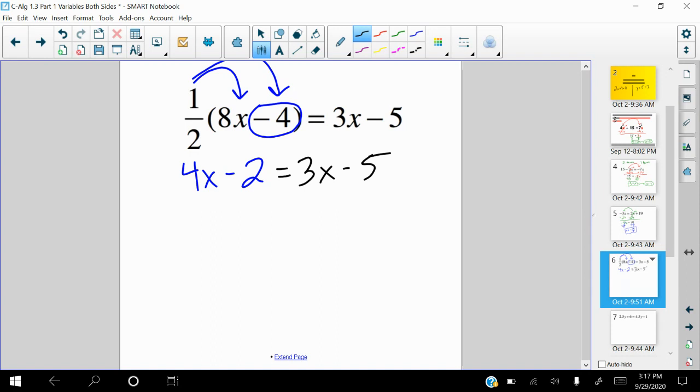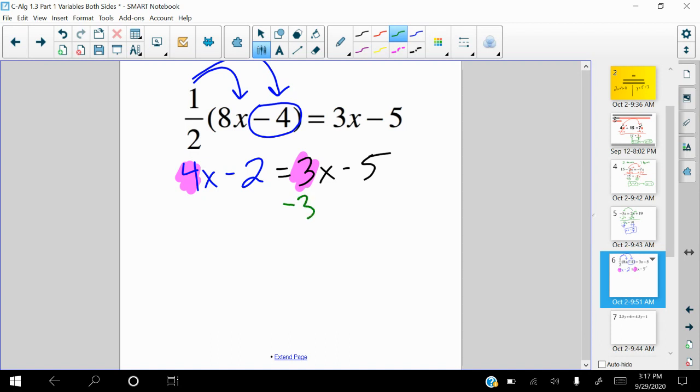And this is where I started bringing up before. We want to try to get our variable and that coefficient of the variable to be positive. Well, if I'm comparing 4 and 3, which number is bigger, 4 or 3? Well, 4 is. So that means I'm going to want to bring the 3x over to the other side.